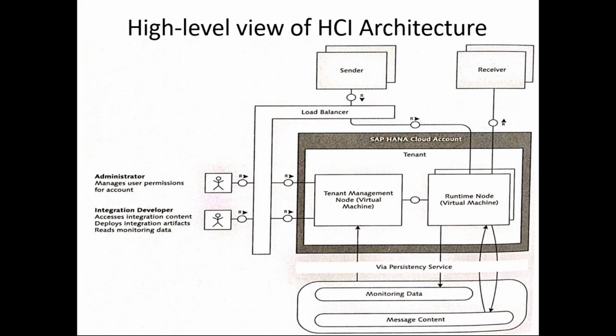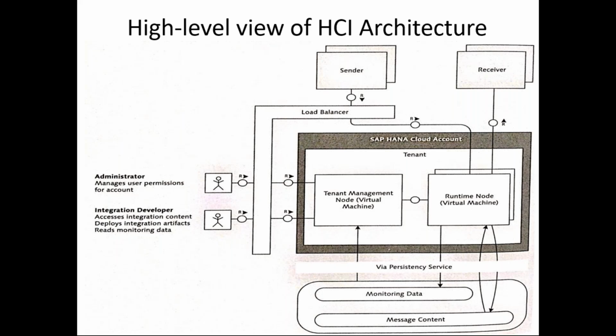TMN manages the runtime nodes of a cluster, and it acts as an agent between the user who logged into CPI and the runtime components of HCI. In simple terms, it manages the starts and stops of the runtime node. So TMN is basically to manage the runtime node.